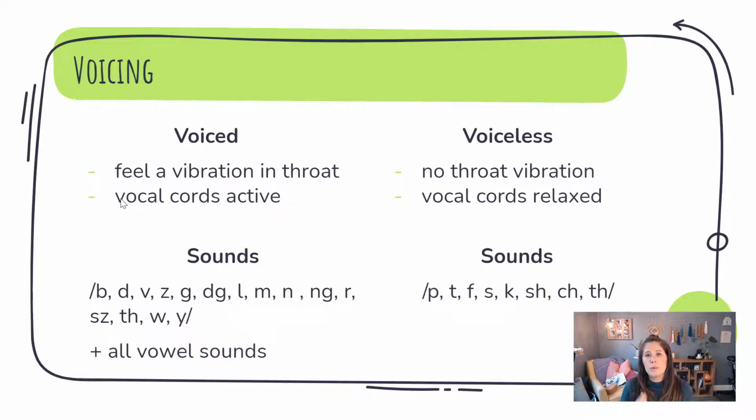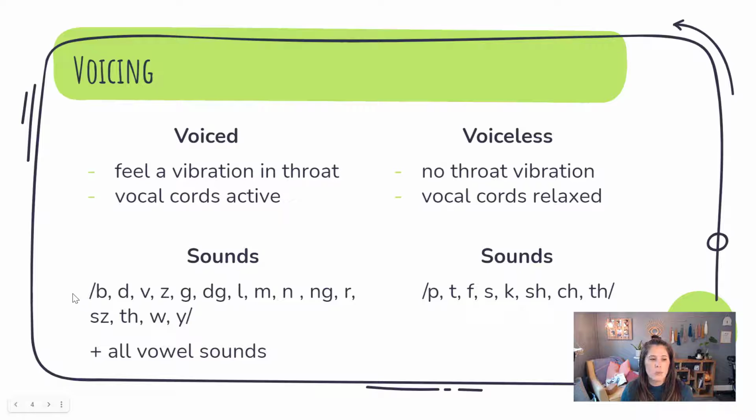However, it's very important that when you do this test, you say the sounds in isolation. That means you're not adding any other sounds onto the one you're testing, or saying it as part of a word.